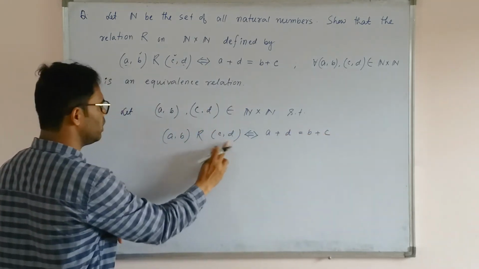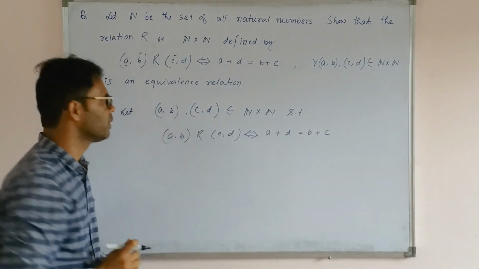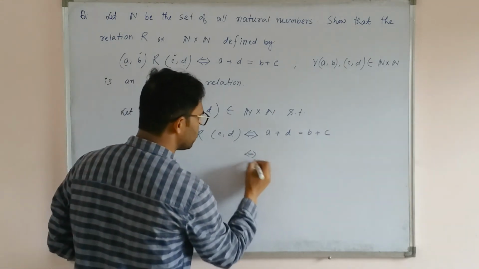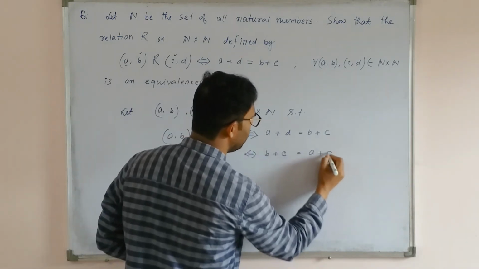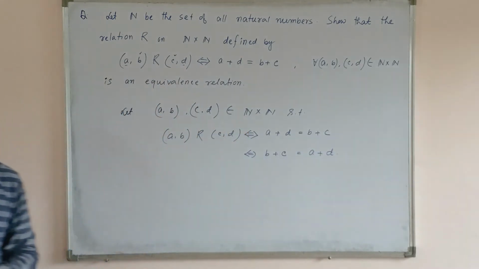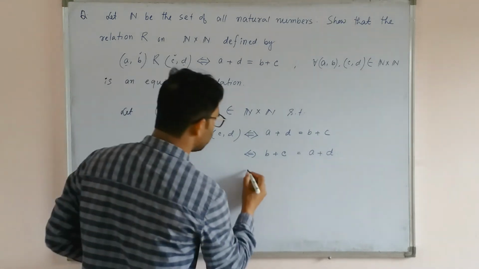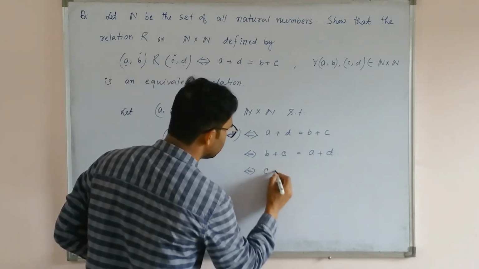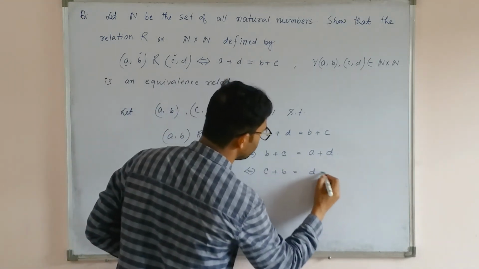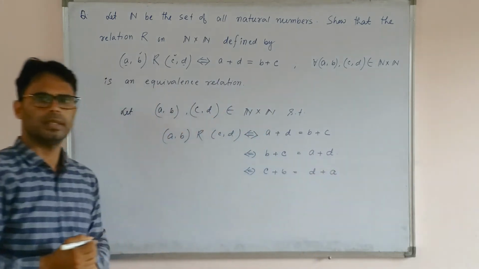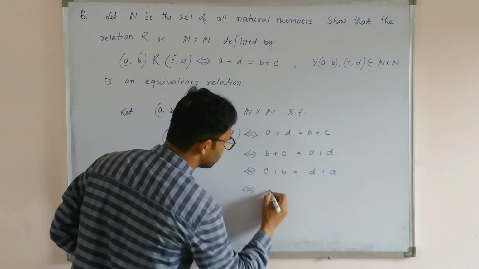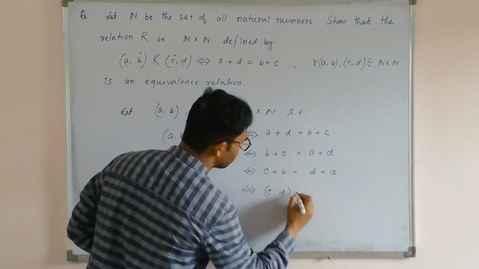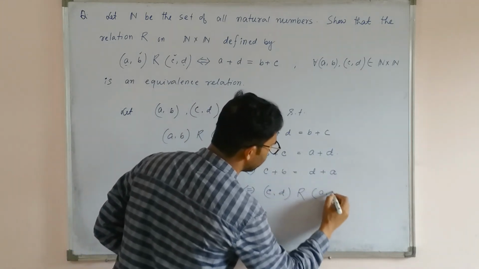First plus fourth is equal to second plus third. That implies, very simply, b + c can be taken on the left side and a + d on the right side. That can also be written as c + b equal to d + a, and that can be written as (c, d) is related to (a, b).